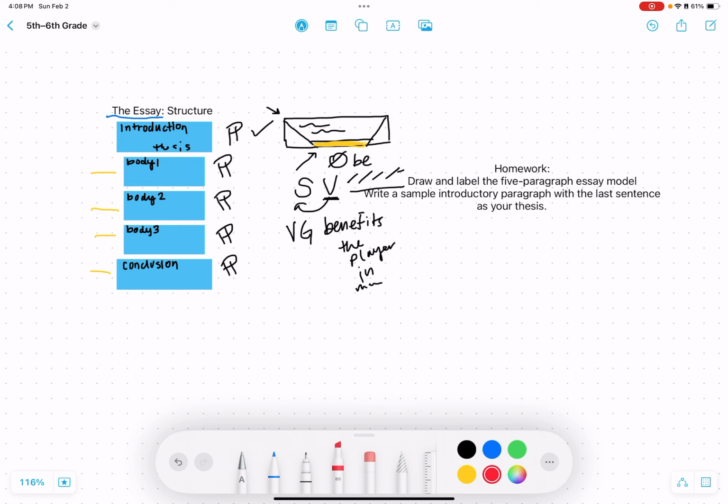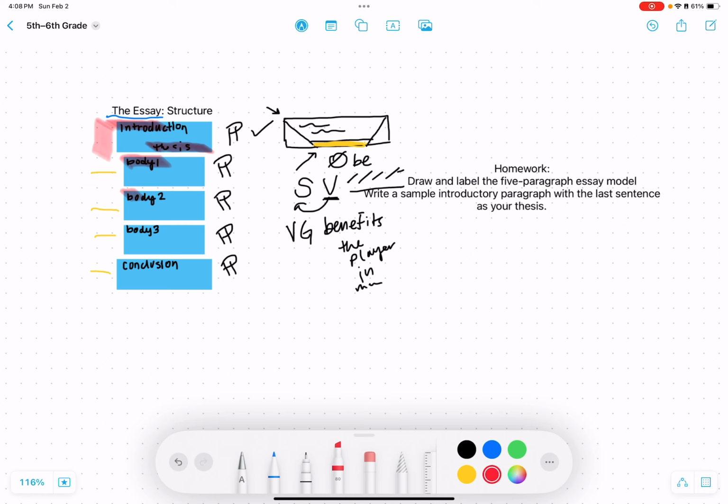So let's review that a 5-paragraph essay starts with an introductory paragraph. In this introductory paragraph, you have a topic sentence at the beginning, and then you're going to have your thesis closing out the paragraph. Then the very first sentence of your next paragraph will be your first point, and that will be the body paragraph, body 1.